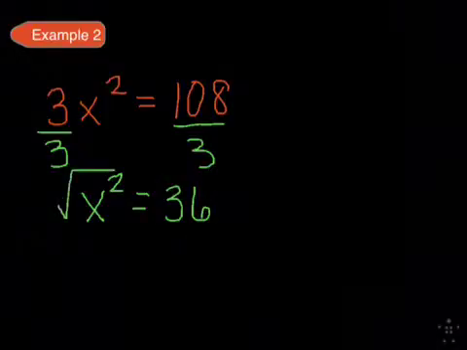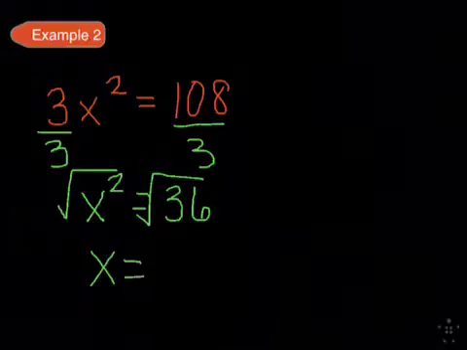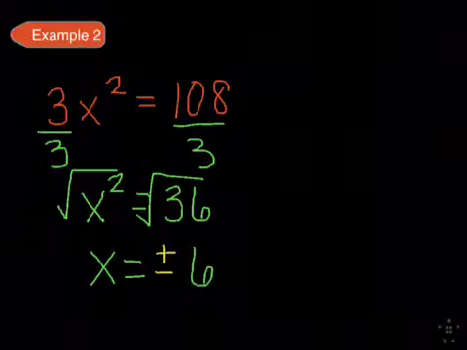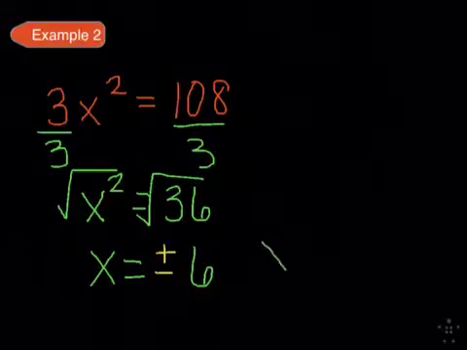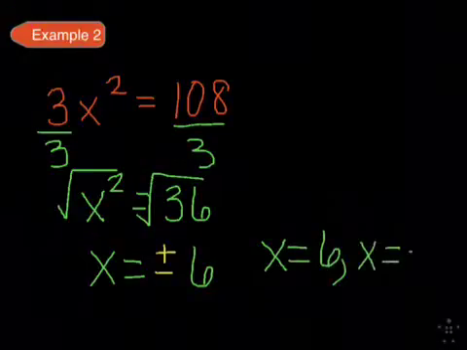Square root both sides. X equals, remember, positive, negative 6. So the solutions or the roots, the zeros, the x-intercepts are at x equal positive 6 and x equal negative 6.